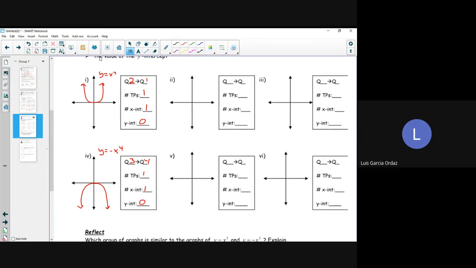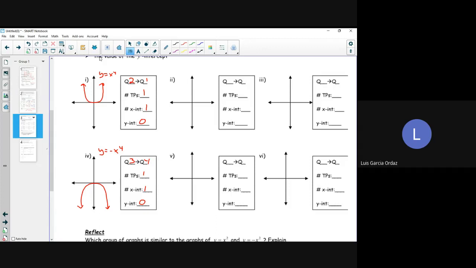So now we're going to look at the other equations. What did you notice about the end behaviors with the odd degree functions? Were they the same or different? Was one approaching negative infinity while the other side was approaching positive infinity? Yep.